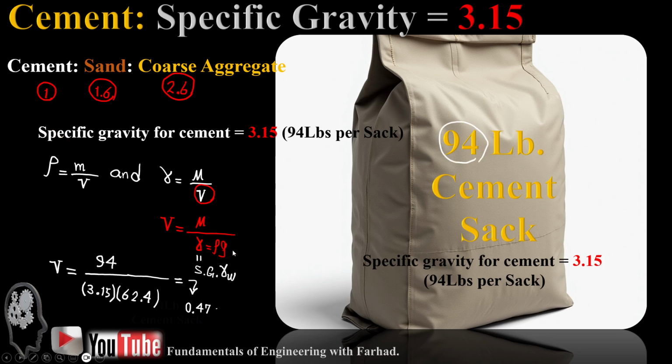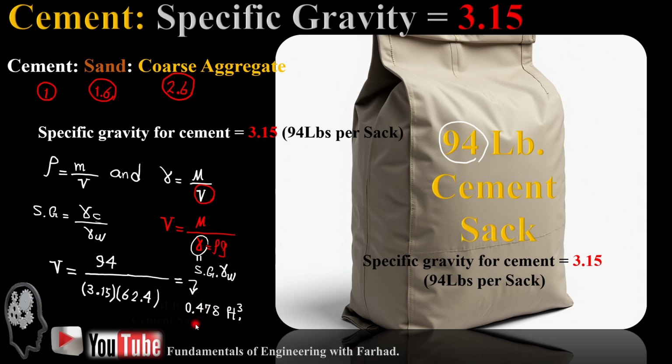If you remember, when we talk about specific gravity, that's gamma of whatever you have, for example cement, over gamma w. If you jot down gamma this way, you can use the SG in our problem statement and calculate volume: 94, which is the weight, over SG, which is 3.15, times gamma w, which is 62.4 pounds per cubic foot.